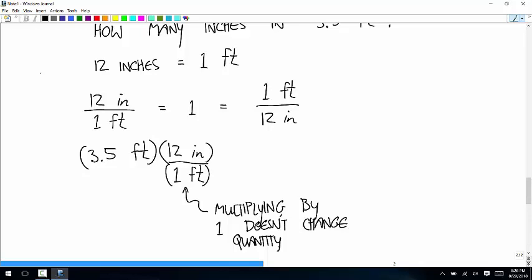And then we're going to think of the units themselves as being algebraic variables. And since we have feet in the numerator here and feet in the denominator here, we're going to cancel those out. And now we have a number 3.5 times a number 12 times a unit inches. The numbers, when you multiply them together, you get 42, and so the answer is 42 inches.